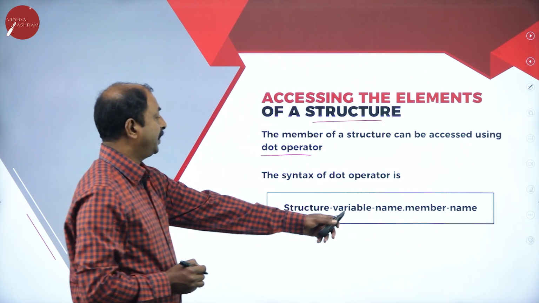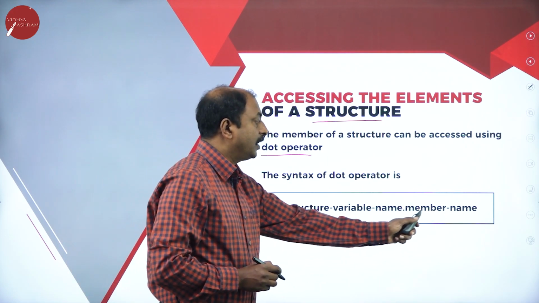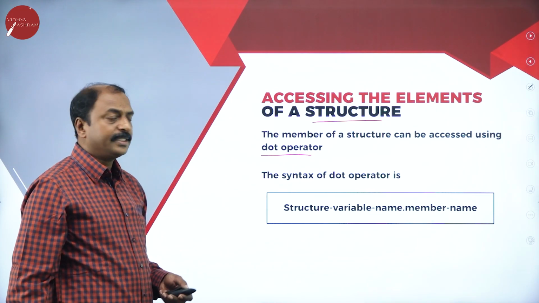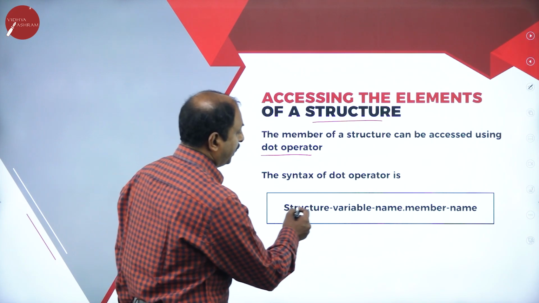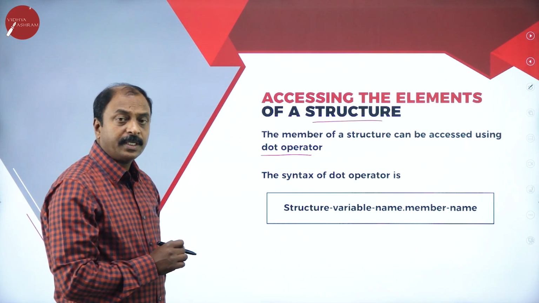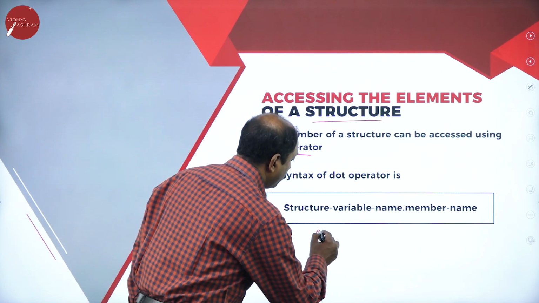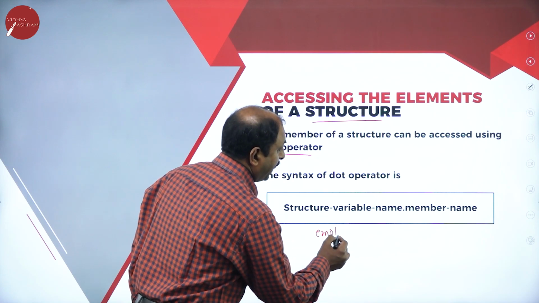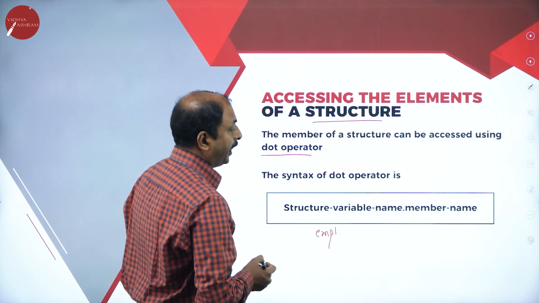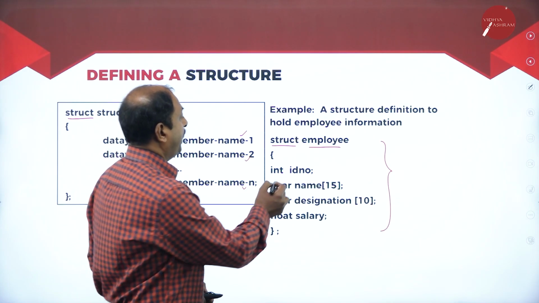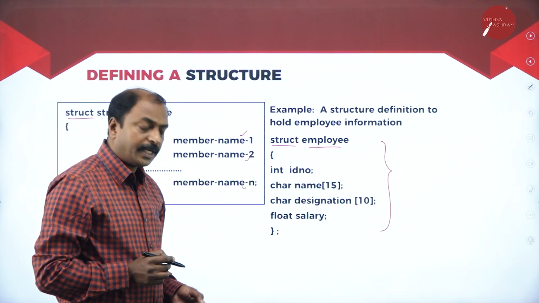So this is an example now. Structure variable name, dot, member name is the syntax of accessing a structure. Here in the previous example, we had employee as the name of the structure and EMP1 as one structure variable, and ID number is one of the data members.